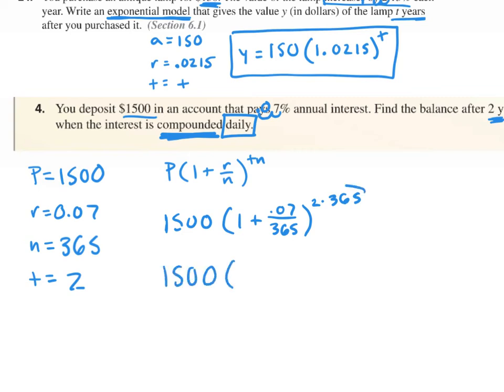So I'm going to find out what my exponent is first. I'm going to do this in the calculator. So what's 2 times 365? All right, so this was 730.